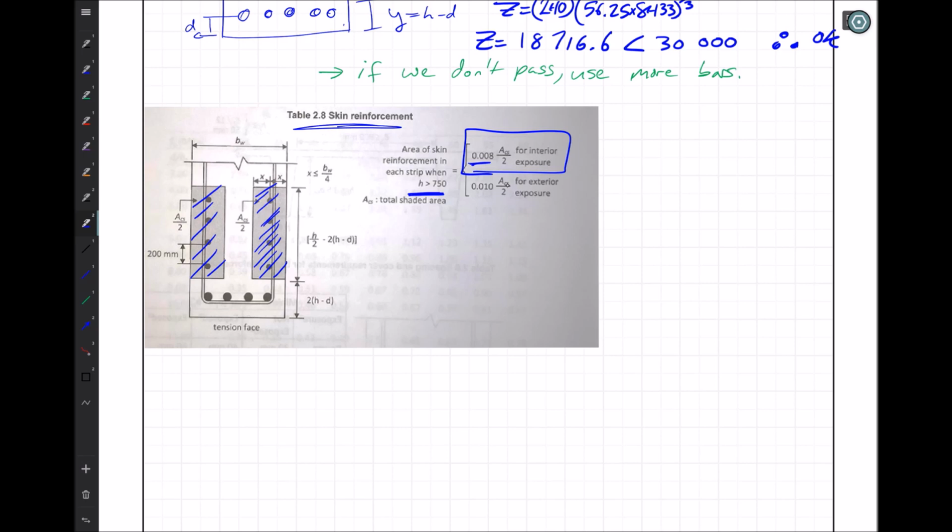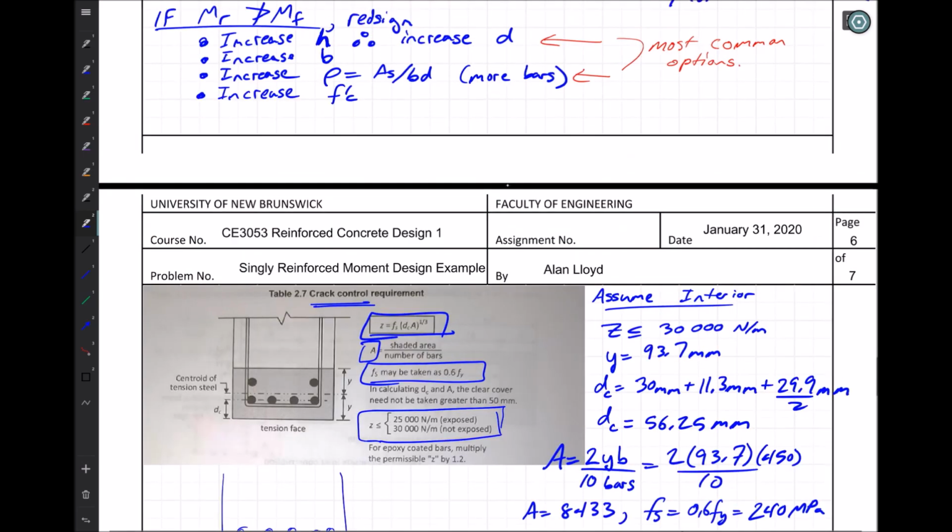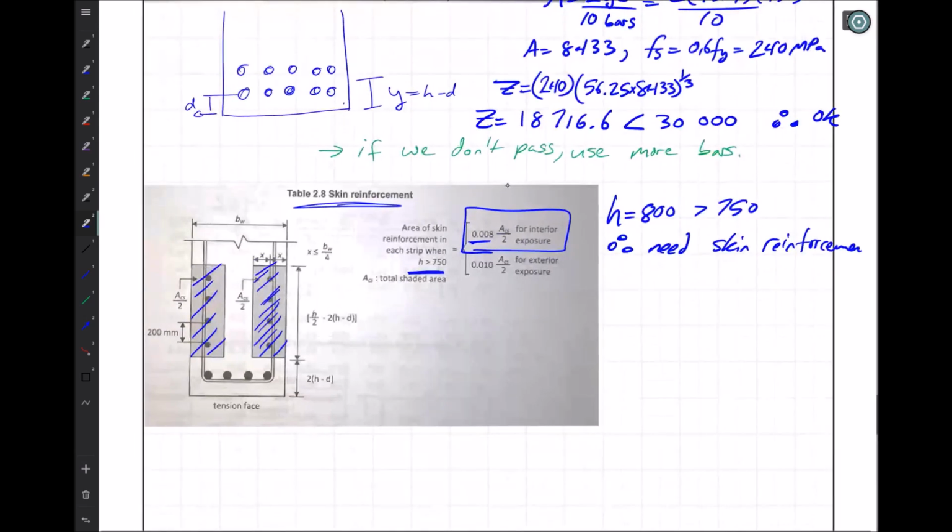Let's do some of these calculations then. We know that H is equal to 800, which is greater than 750, so therefore we need the skin reinforcement. So since we need this, we're going to have to find some values.